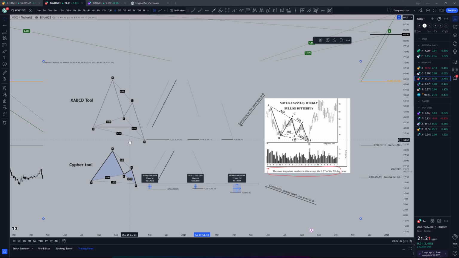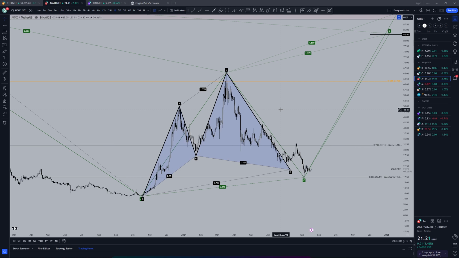If I were to use the exact same measurement on the cipher tool, your fibs are going to be way lower because these tools measure differently, so you can't really interchange the harmonics. So you need to use the XABCD tool for these. You can use it for the shark, it's possible, but you need to check it. I'm going to put this one in chat as well.